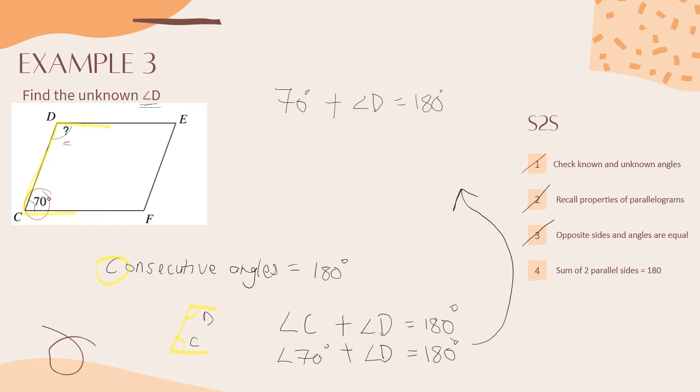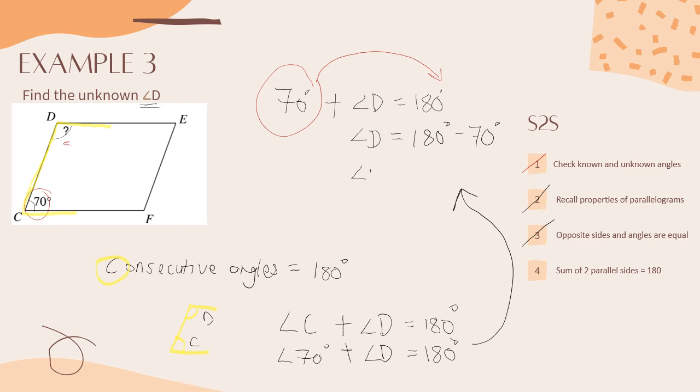So you bring this to the other side, 70, bawa ke sebelah, jadi minus. So yang tinggal is angle D, bawa turun ke bawah, equal to 180 minus 70 because you bring 70 ke sebelah.